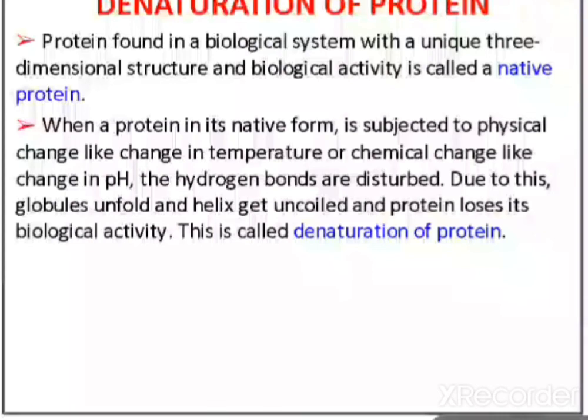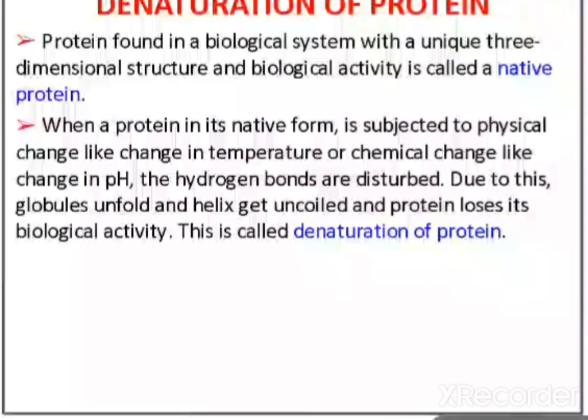Simple, see: denaturation, naturation, nature. Nature means the character or property of the protein. Denature means change in property. So change in properties of protein is known as denaturation of protein. And why is this change taking place?